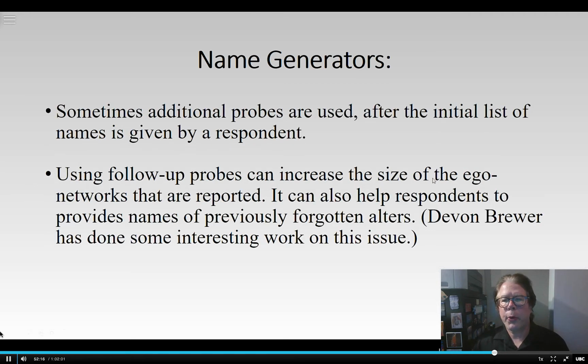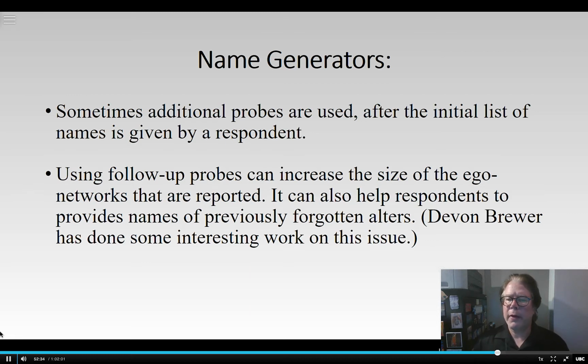Sometimes additional probes are used after the initial list of names is given by a respondent. And using follow-up probes can increase the size of the ego networks that are reported. It can also help respondents to provide names of previously forgotten alters.